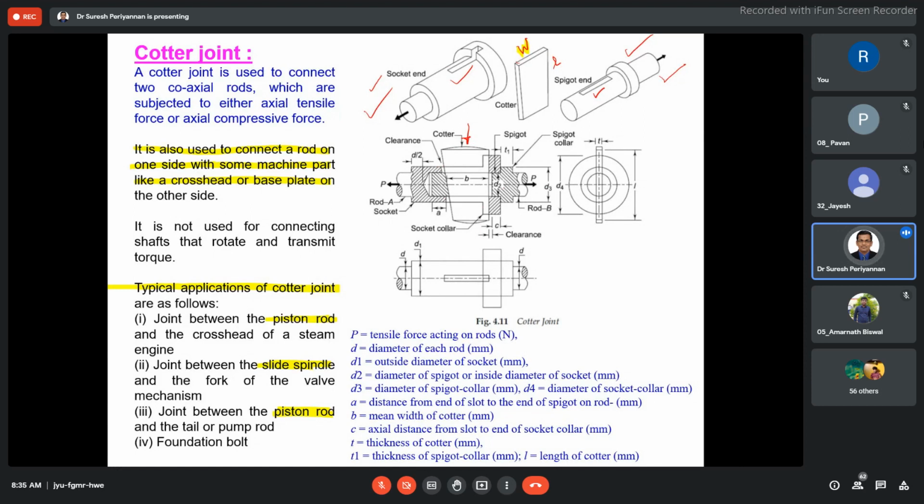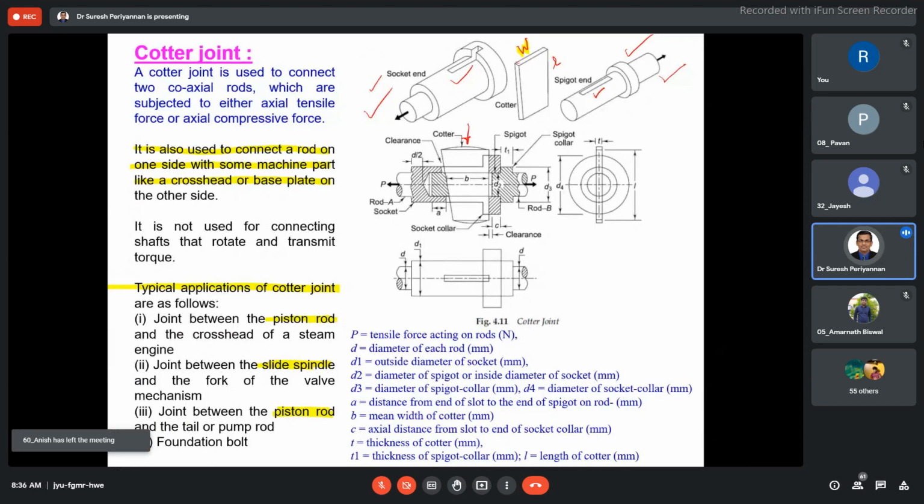While applying this small hammering force on the cotter, due to the wedge shape as well as the tapered design, the cotter securely and tightly holds the two components in the proper orientation. Okay. Now, here the cotter has uniform thickness.